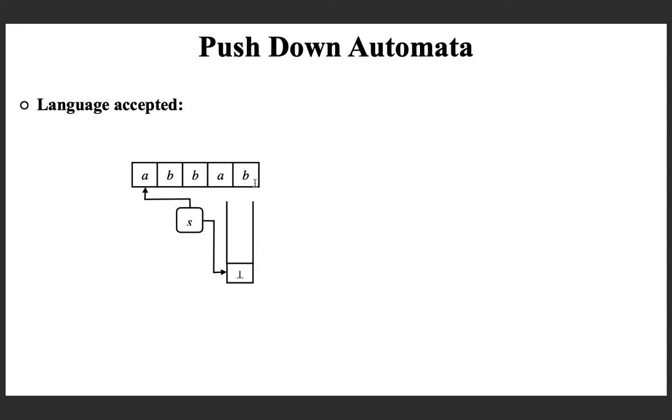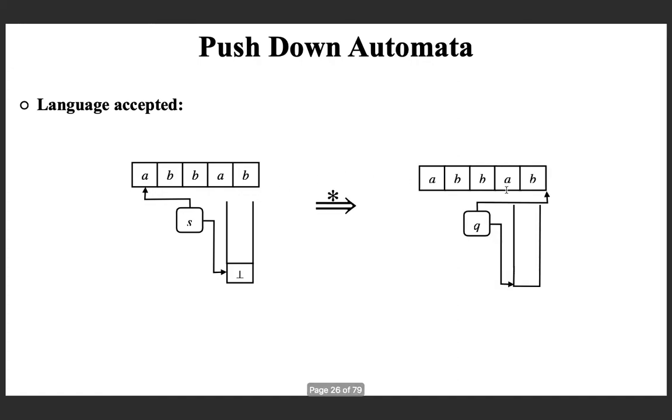By empty stack, you accept this string if and only if you reach a final configuration where you finish reading your input. At that time the stack is empty. So in this criteria, you are not worrying about the status of the state, whether it is final or not. You are only looking at the stack, and if it is empty when you finish reading the input, then the input is said to be accepted.